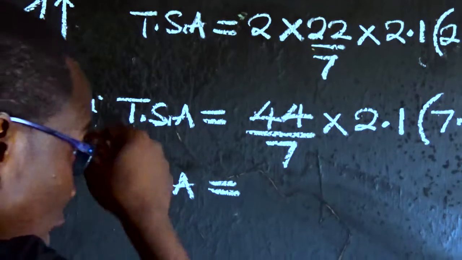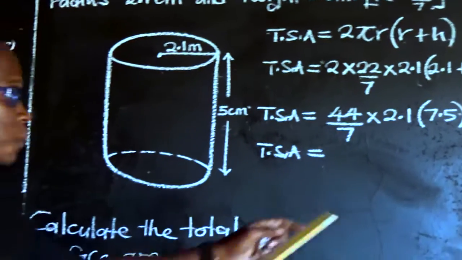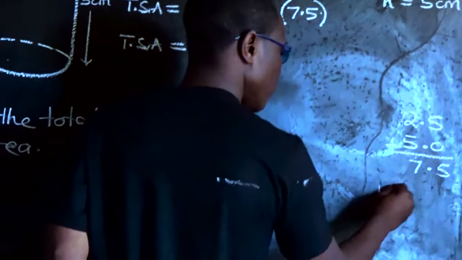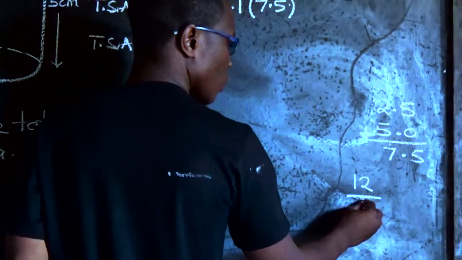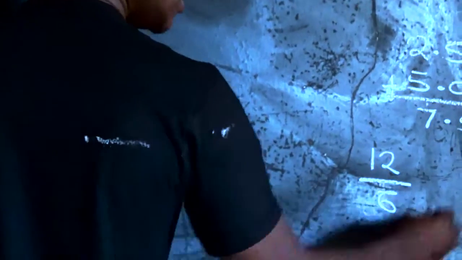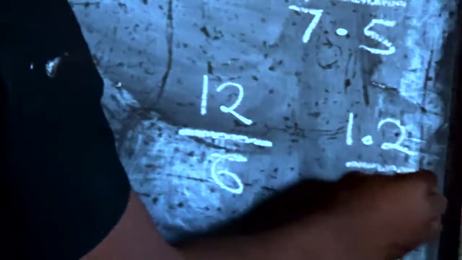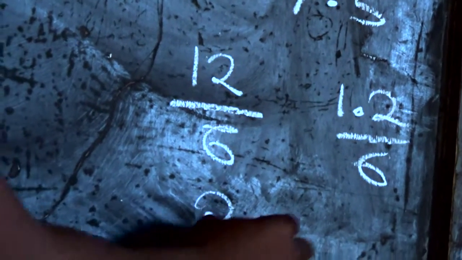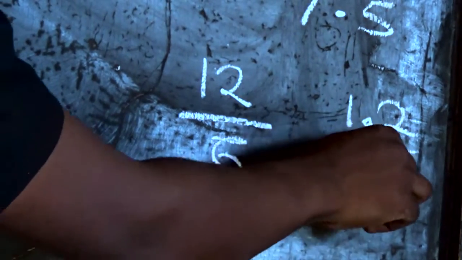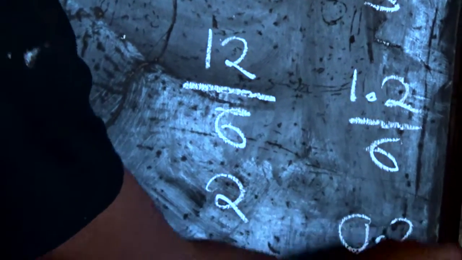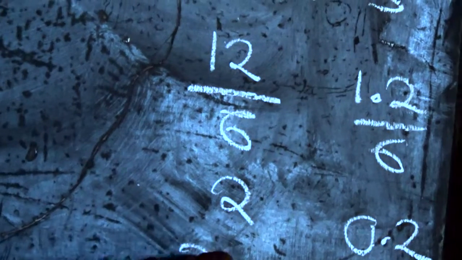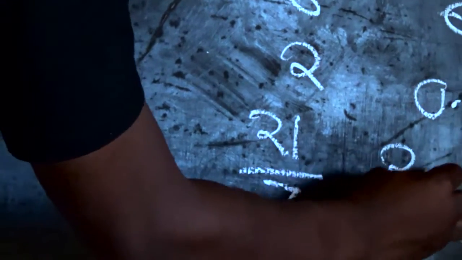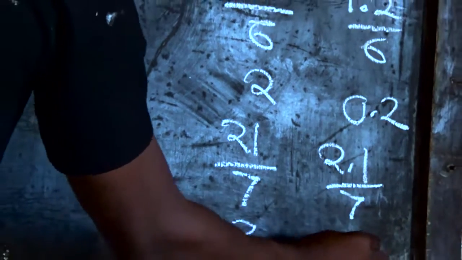Now, let me explain something here. We know 12 over 6 and 1.2 over 6. Are we together? So 6 into 12 is 2, but 6 into 1.2 becomes 0.2. 21 divided by 7 is 3, but 2.1 divided by 7, the answer is 0.3.